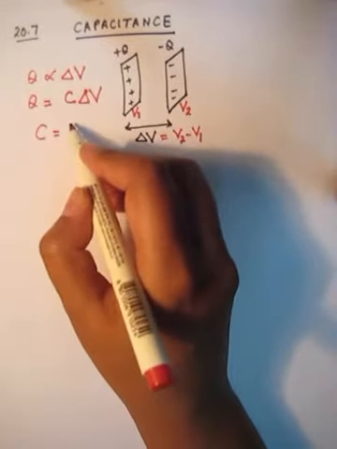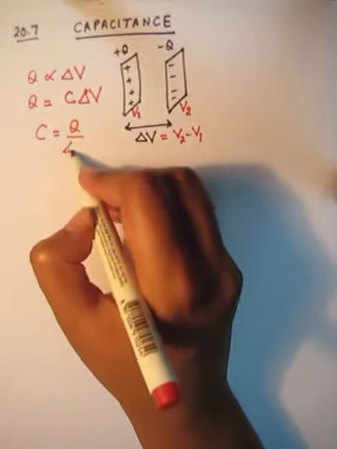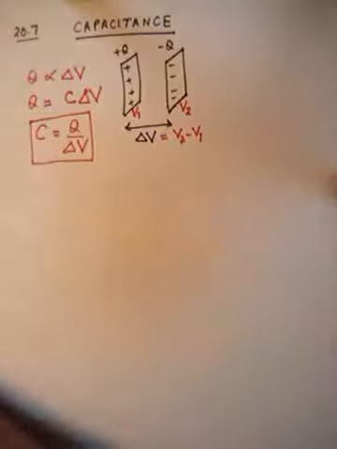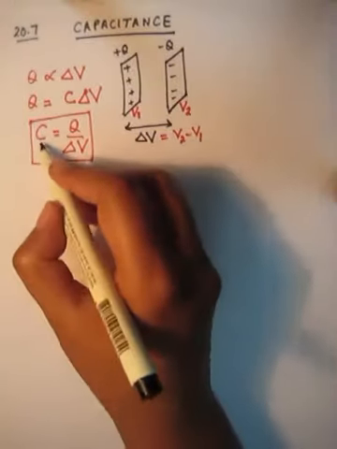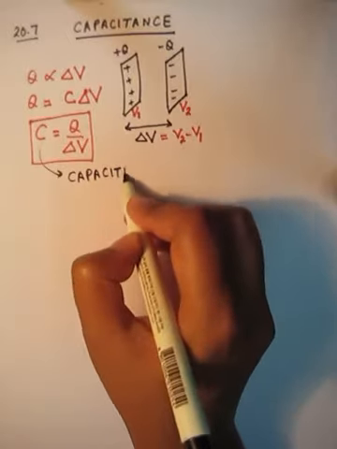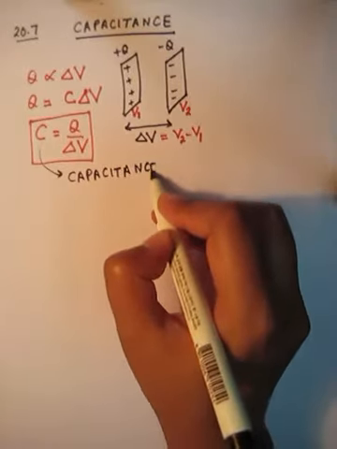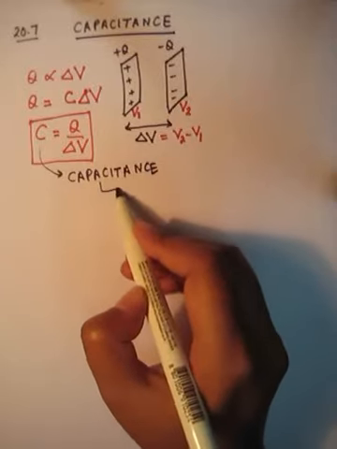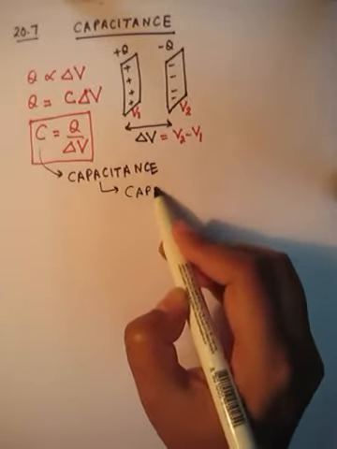This constant is C, which is Q upon delta V, and this C is called the capacitance of a capacitor.